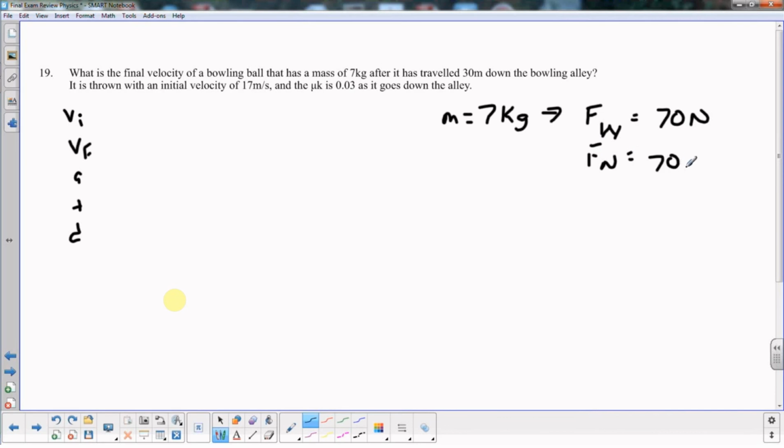I just kind of do all this stuff in the beginning without even reading the rest of it because I'm assuming I'm going to need it. After it's traveled 30 meters down the bowling alley, it's thrown with a velocity of 17 meters per second, and we're looking for the final velocity.